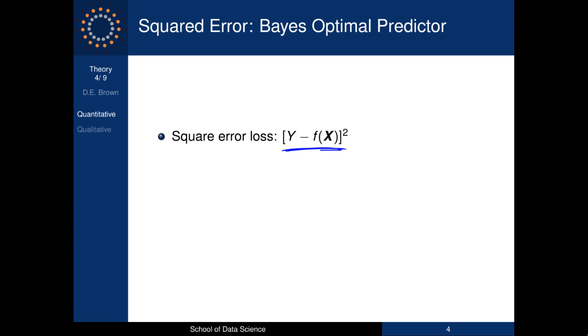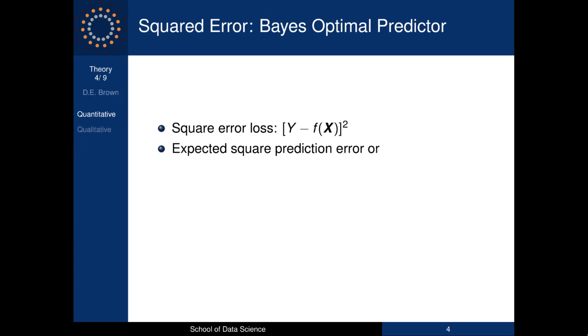Let's look at a particularly popular loss function, which is the squared error loss. This is one that we will use. It's not the only one, but it's definitely the most popular of loss functions. It looks at the true value y and the predicted value f of x, takes the difference between them, and then squares that difference.